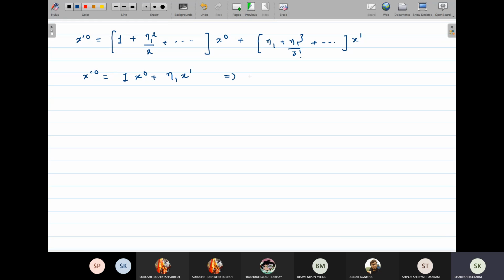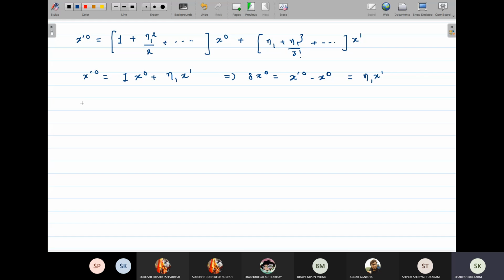This tells us that delta x0, which is the difference between x prime 0 and x0, will be equal to eta 1 x1. Remember, this has nothing to do with the Lorentz index. This is just a one parameter.